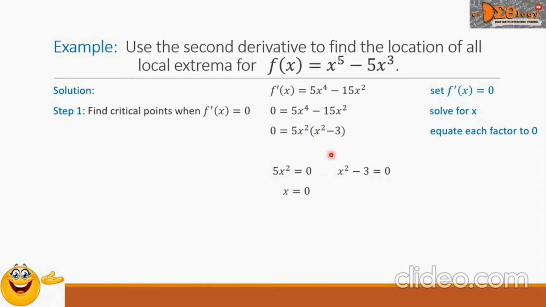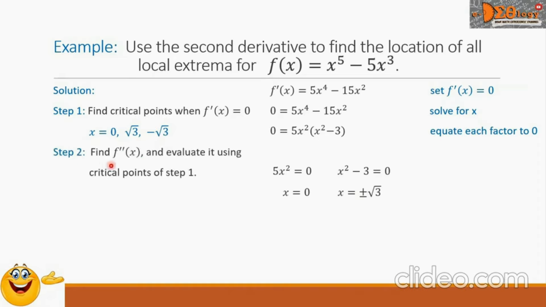In the second equation, we can transpose the negative 3 to the right, and then let us take the square root of both sides, and the value of x is equal to plus or minus the square root of 3. We now have these critical points: x equals 0, square root of 3, and negative square root of 3.